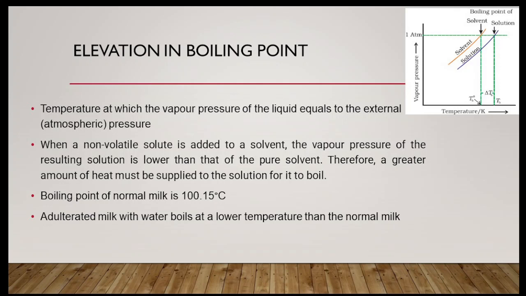This depression in freezing point we are using in many places, for example, for keeping fish fresh, the fishermen add some salt to the ice, so that the depression in freezing point is greater. That is, the ice will stay cooler for a longer time.